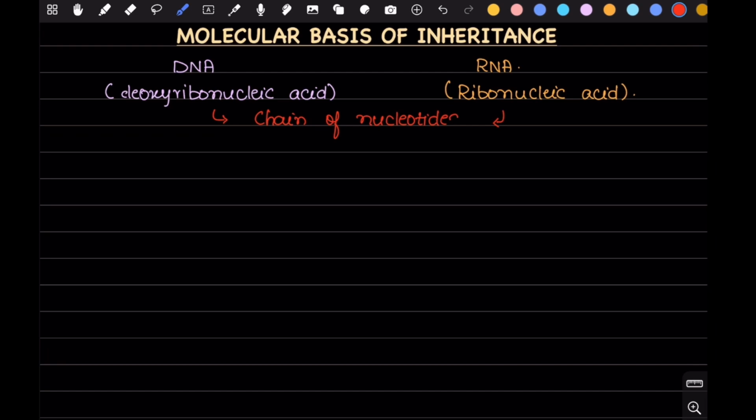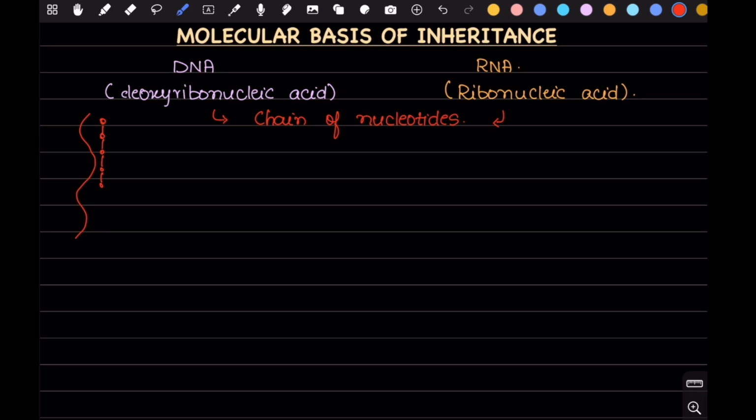For example, one DNA strand is made up of multiple nucleotides. A nucleotide bound with another nucleotide, so it is a chain of nucleotides. And now you might have the question, what are these nucleotides and what are they made up of?